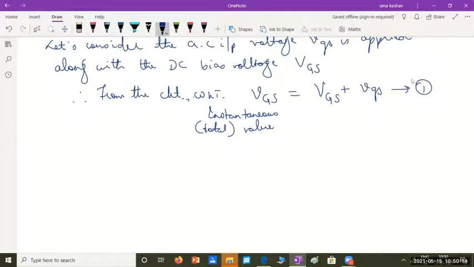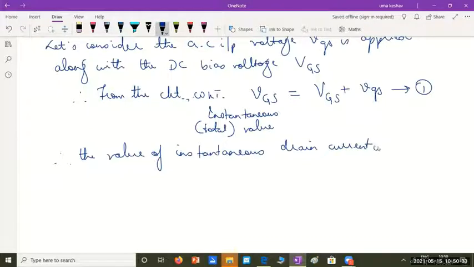Please remember this. Once I know this, the value of the instantaneous drain or output current will be, as soon as you know vGS, you can find iD.